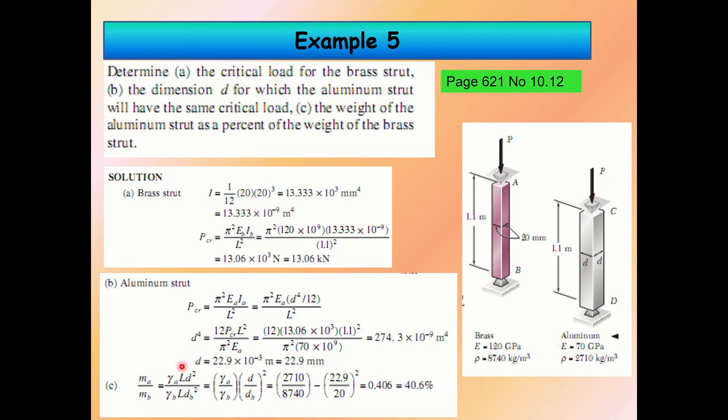The weight percentage for aluminium over brass, this is the formula. Substitute all data from the brass and aluminium into this formula, and you get the percentage between aluminium and brass, 40.6%.